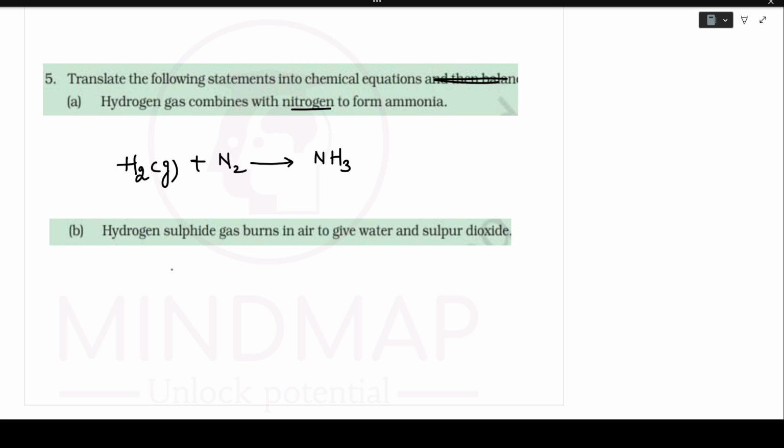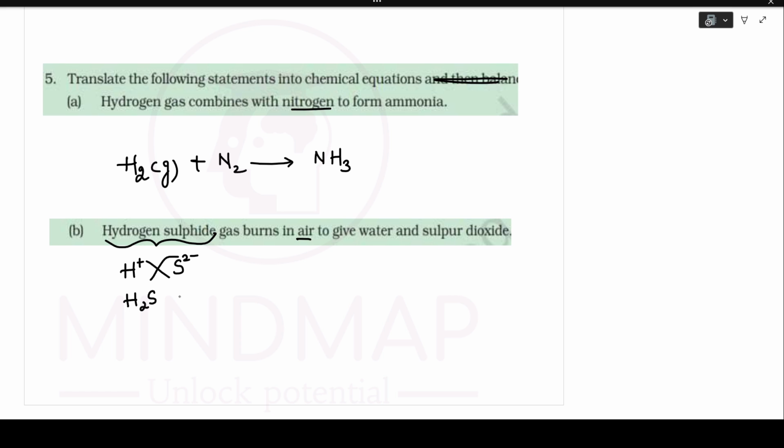Let's see the second one. Hydrogen sulfide. Now you have to first write the formula of hydrogen sulfide. Hydrogen is, we know, H+. For sulfide, S2-. Now, exchange the numbers of the ions. 2 will come with H and S. So this is hydrogen sulfide, H2S. It burns in air.